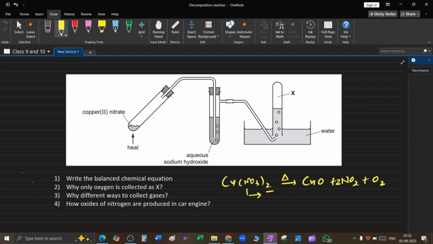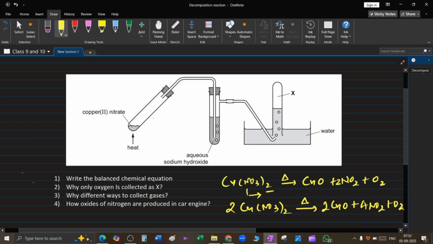Now for that, with the trial and error method, even if you go step by step, you still don't get a particular answer. So the solution is: 2 moles of copper nitrate decomposes to give 2 moles of copper oxide plus 4 moles of nitrogen dioxide plus dioxygen.